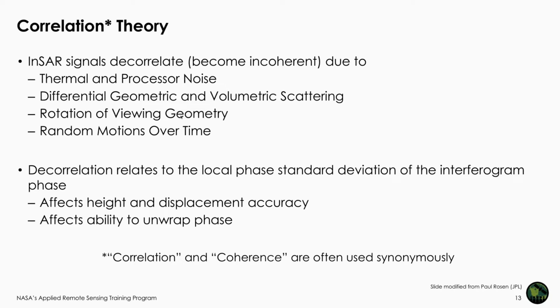What we do is basically measure the correlation of the phase over some local area, typically about 5 by 5 pixels. And that's how we estimate the coherence. That coherence is one way to measure how accurate your measurements are.